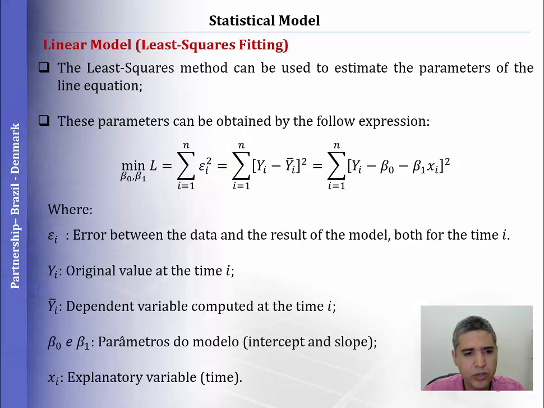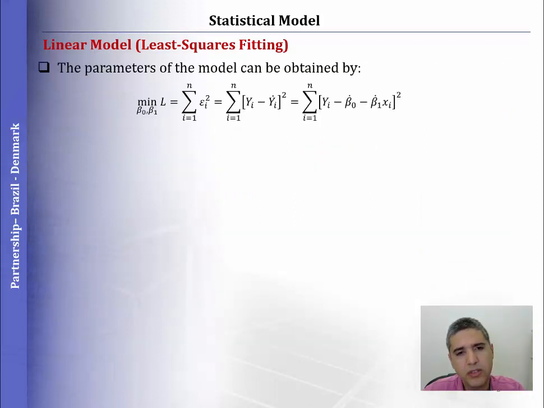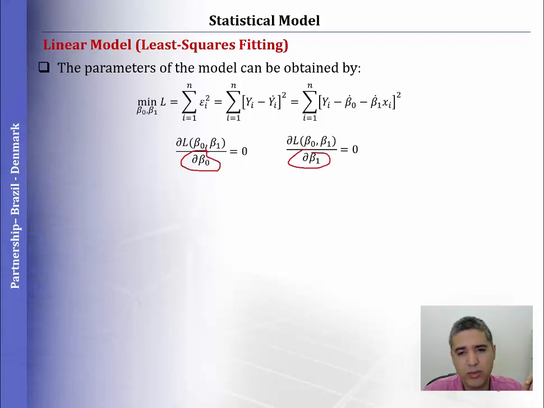And to do that, we need to compute the derivative of this function with respect to both parameters, beta 0 and beta 1. Let's start with beta 0, and after the computation of this derivative, we need to make it equal to 0.